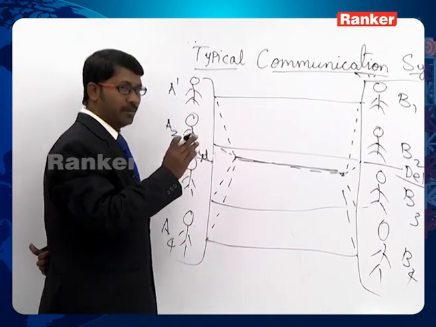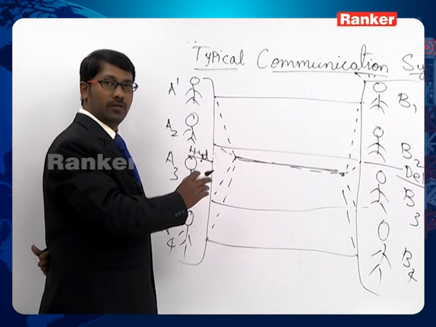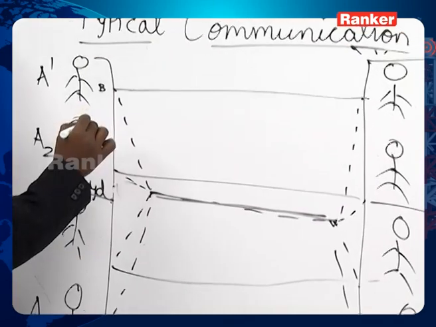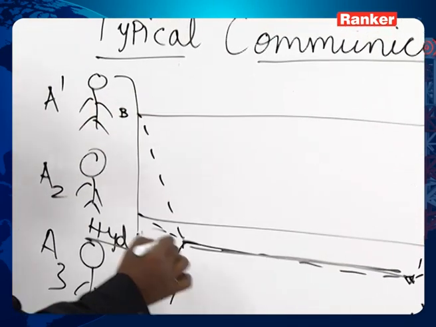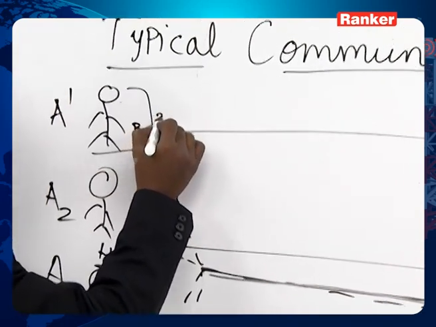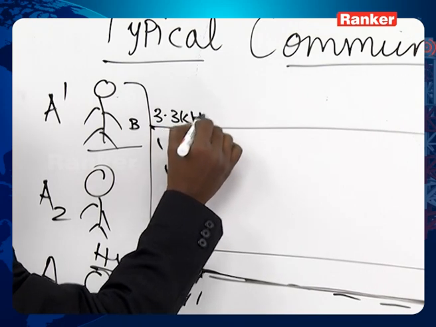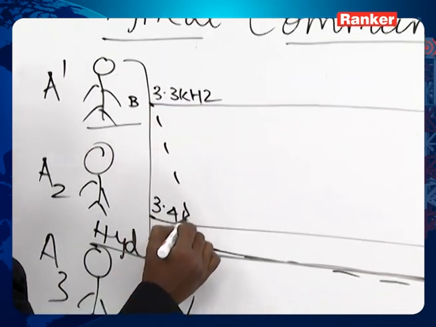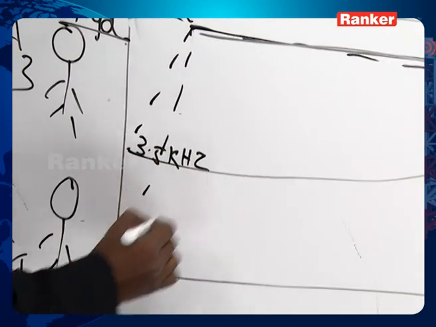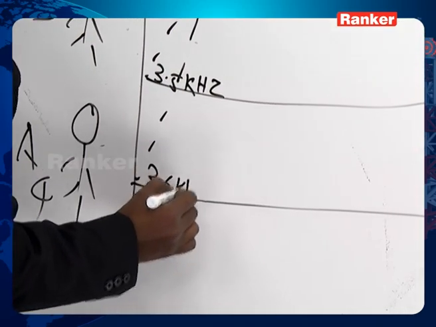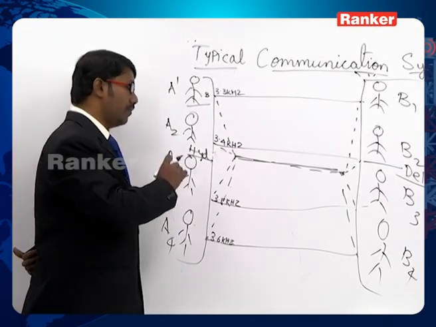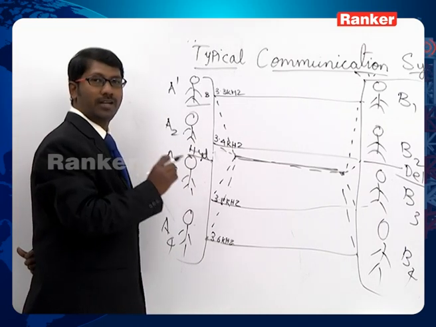So for that, I typically use modulation, wherein I try to map the baseband signals of individual users into a broader spectrum. Say for example, if I am having this at 3.3 kilohertz, 3.4 kilohertz, 3.5 kilohertz, and say 3.6 kilohertz. Now in this case, all the frequencies which are generated by the 4 users are exactly 0.1 kilohertz apart.